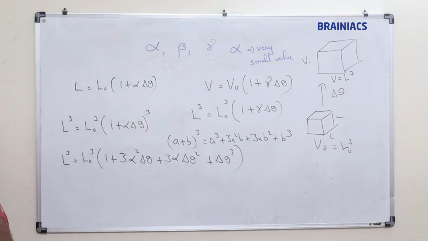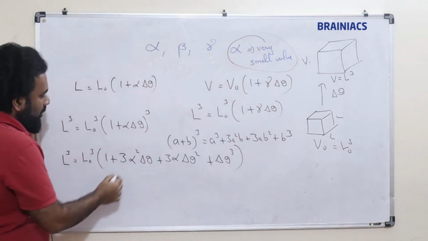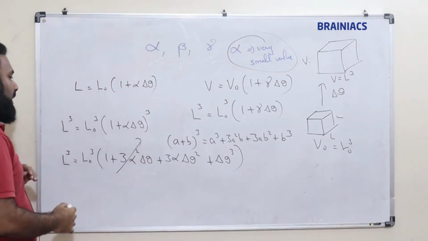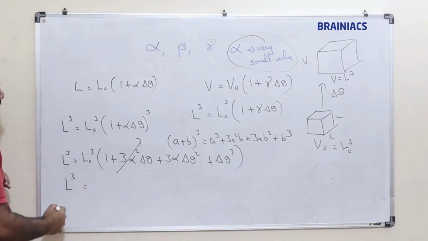So this will be the expansion. I have already mentioned that alpha is a very small value, so this can be neglected. So L cube is equal to what?